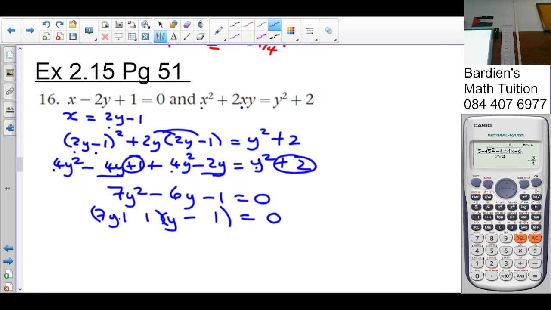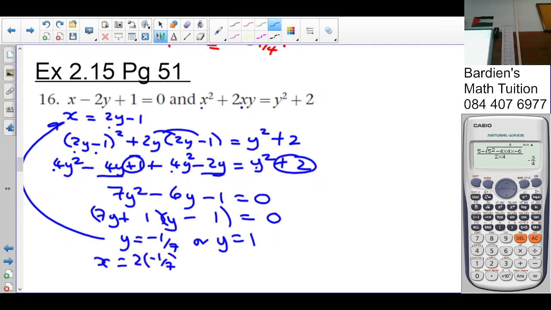That's going to give you y is equal to negative 1 over 7, or y is equal to 1. Then to get a corresponding x value, I substitute into the equation there. So x is equal to 2 times negative 1 over 7, which is negative 2 over 7, minus 1, is negative 9 over 7. On the other hand, we have x is equal to 2 times 1 minus 1, which is 1.